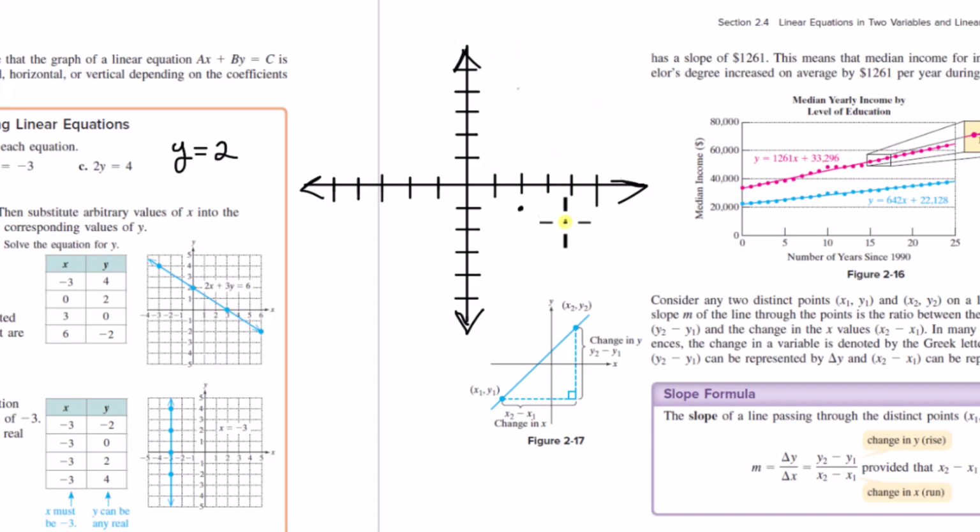Now, if we had this line, if we pick any point to start, now let's move 1, 2, 3, 4 units in the horizontal direction, and now we have to move -2 units in the negative y direction to get back to the line. So that's 4 and -2.